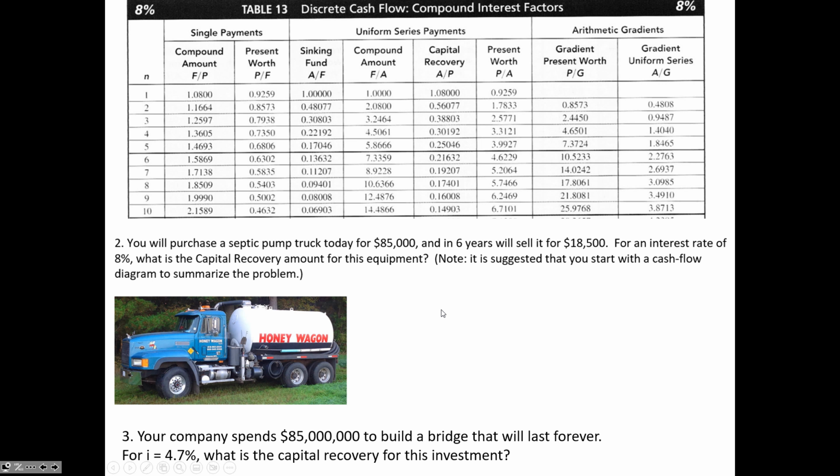N equals 6. So we're going to do that times 85,000. And that's, by the way, negative 85,000 because it's an expense.